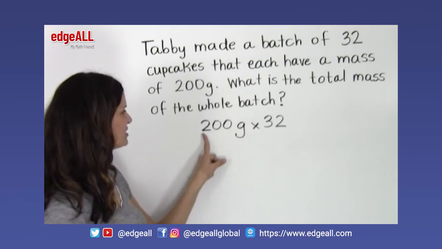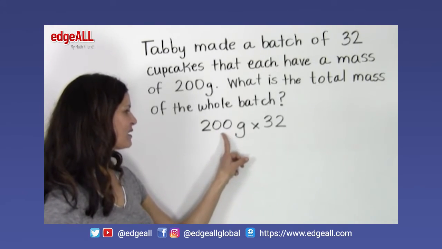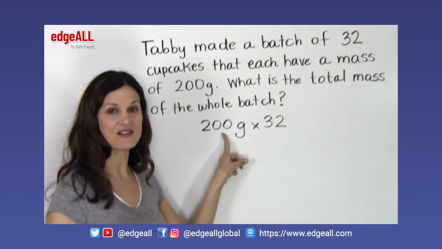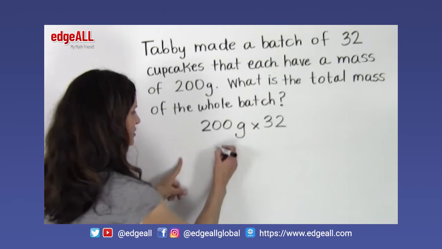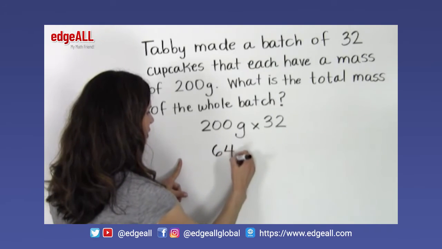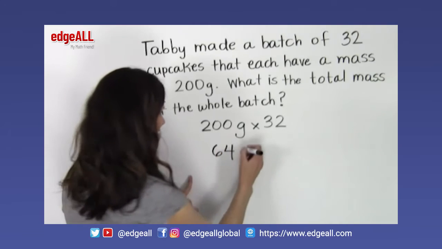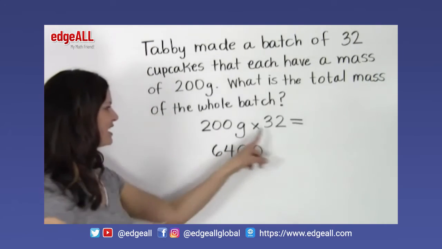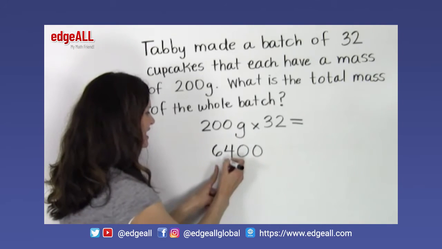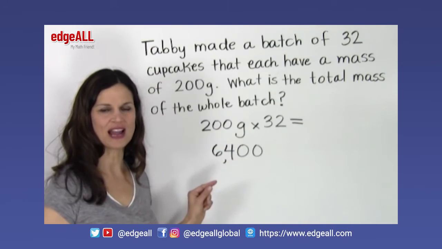So we take 200 times 32, and we know that when we're multiplying things that are multiples of 10, we can simply do the 32 times 2, which is 64, and then we can add our 2 zeros here from the 200 to get a quick and easy answer. 200 times 32 equals 6,400.